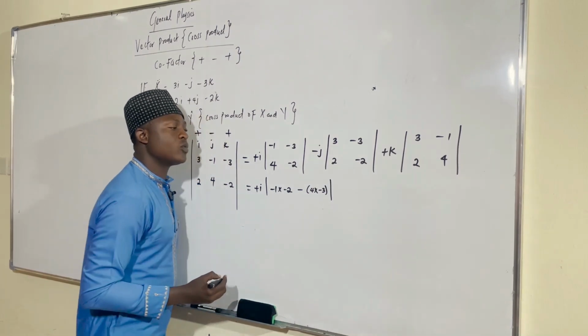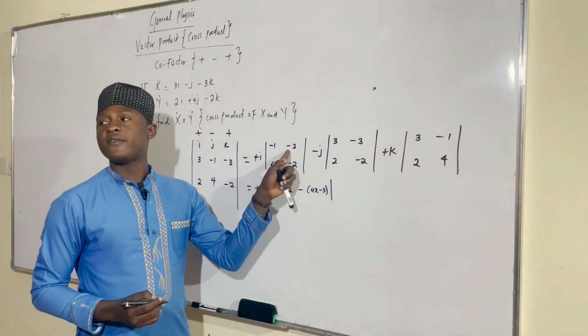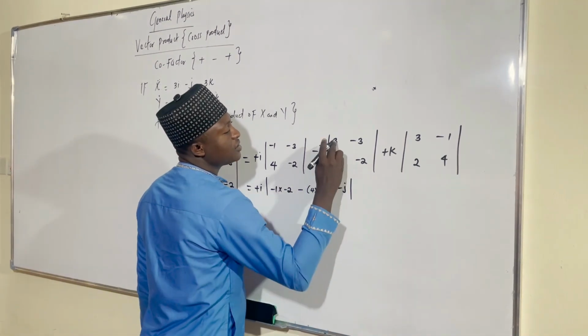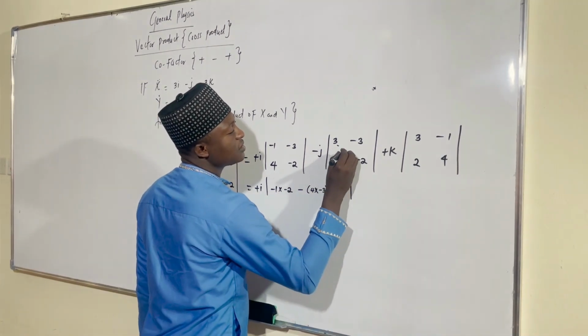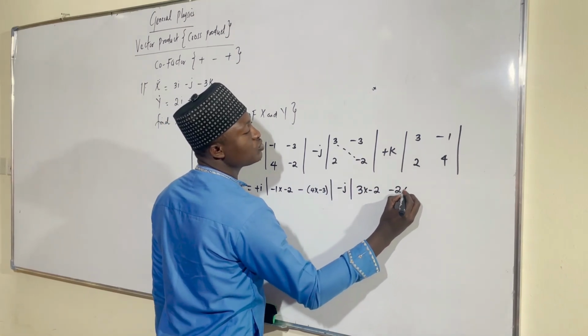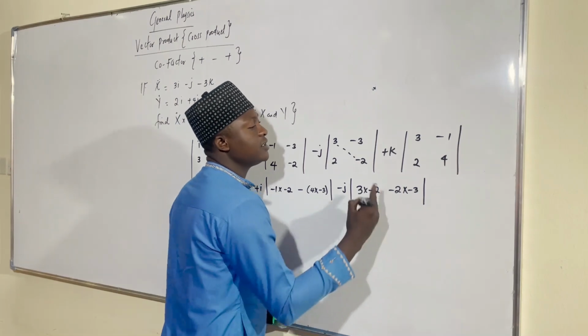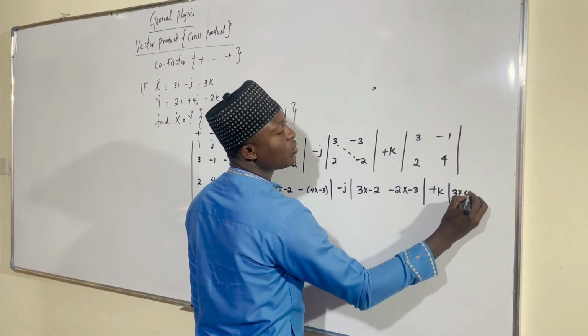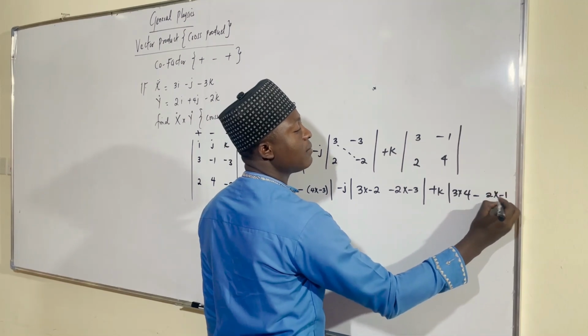Why did I bracket this one? Because the value we have also contains a negative. Okay? So here we have minus J, the same thing applies to this. That's 3 multiplied by minus 2 minus 2 multiplied by minus 3. Then the last one, plus K, the same thing. That's 3 times 4 minus 2 times minus 1.